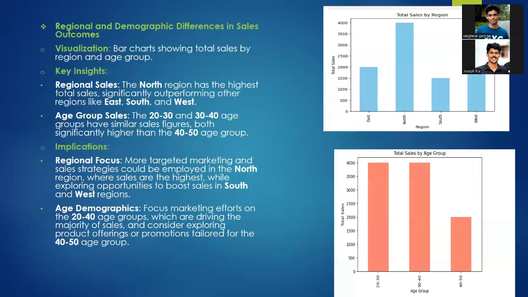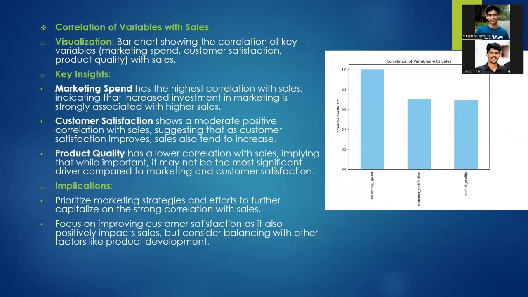Speaking about the correlation of variables with sales, we analyzed correlations between key variables and sales. The marketing spend showed the highest correlation, emphasizing its role in driving sales. Customer satisfaction had a moderate impact, suggesting that happy customers contribute to higher sales. Product quality had a lower correlation, indicating other factors play a more significant role in influencing sales performance.